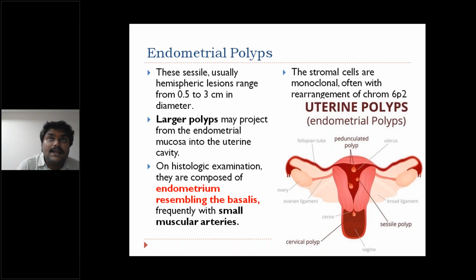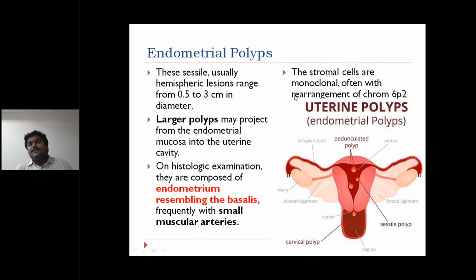Unless you see these muscular arteries, you can't call this a polyp. Sometimes the endometrium itself will bulge out in the form of a polyp, but you cannot call it a polyp. You should see these muscular arteries, and then only you should call it a polyp.